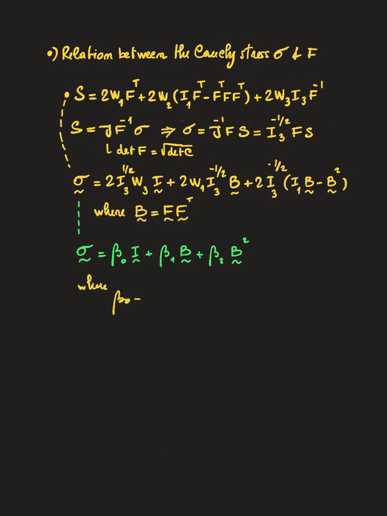Okay, and these three functions can be easily deduced from the expression above. The three functions are: beta naught is equal to 2 I3 to the power 1/2 times W3, and then beta 1 is equal to 2 I3 to the power minus 1/2 times W1 plus I1 W2, and finally beta 2 equals minus 2 I3 to the power minus 1/2 W2.